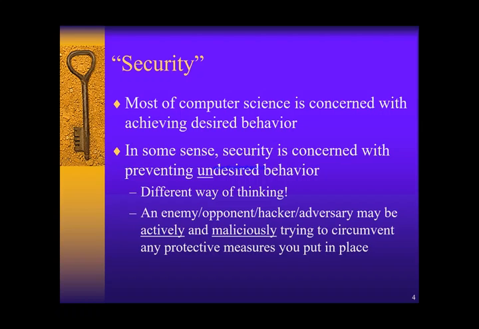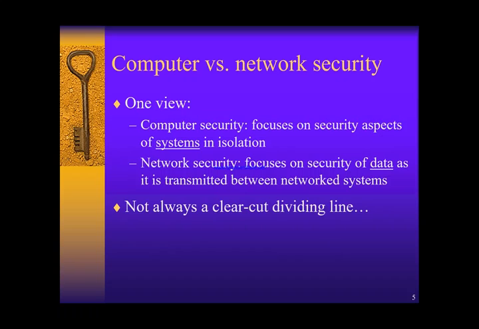In different ways we are able to secure our concerns. It is a different way of thinking. An enemy, opponent, hacker or adversary may be actively and maliciously trying to circumvent the protective measures you put in place.